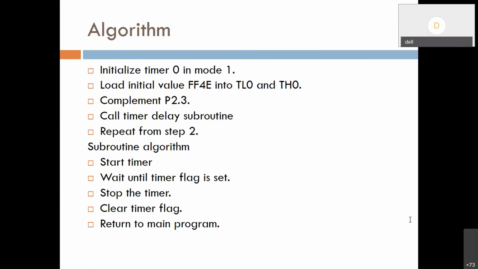Complement P2.3, which means at P2.3 we generate the square wave. Complement means if it is 0 it will become 1, if it is 1 it will become 0, that's all. Then I need to wait for some duration, so I call the delay.